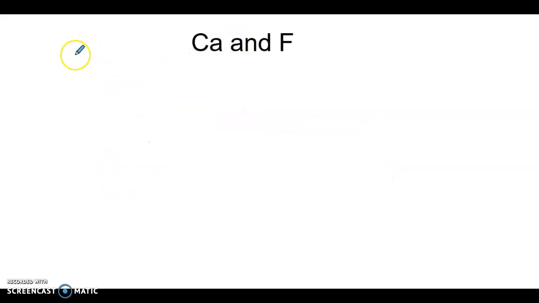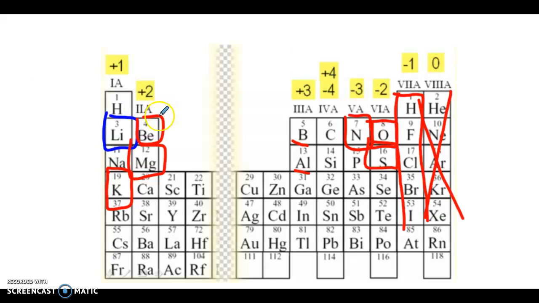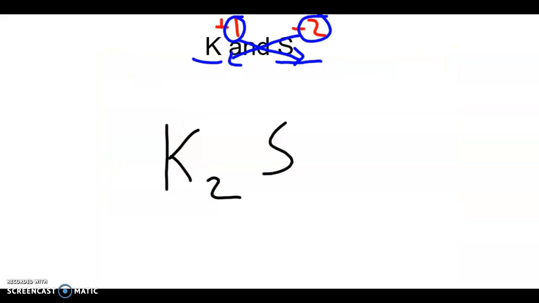So next example, we have calcium and fluorine. So we'll find calcium is in the +2 column, and then fluorine is over here in the -1 column. And that's really all the information we need to know in order to write the formula. So we know calcium is +2, fluorine is -1.